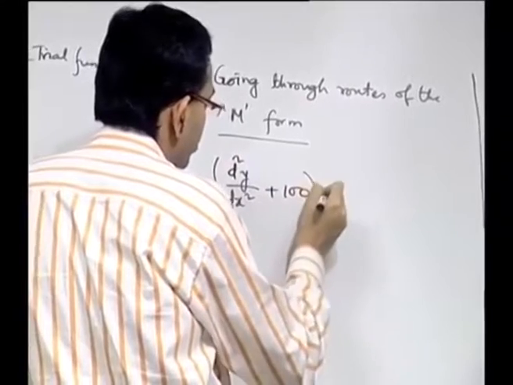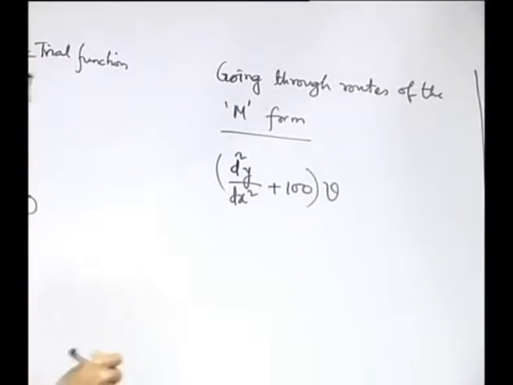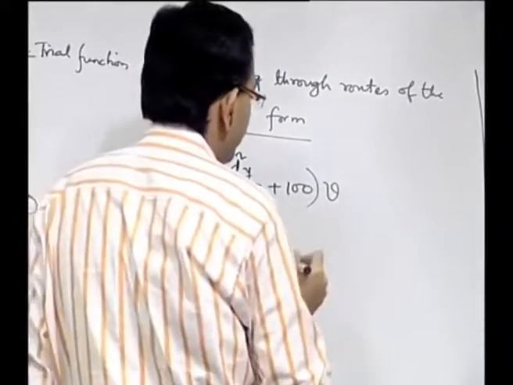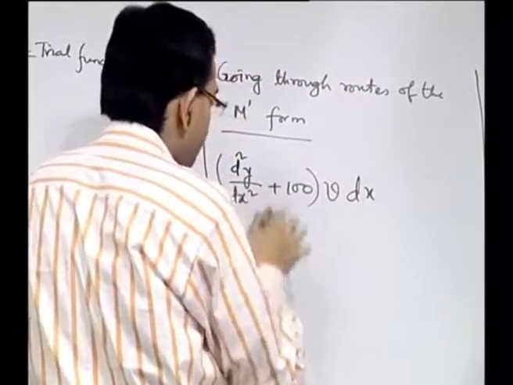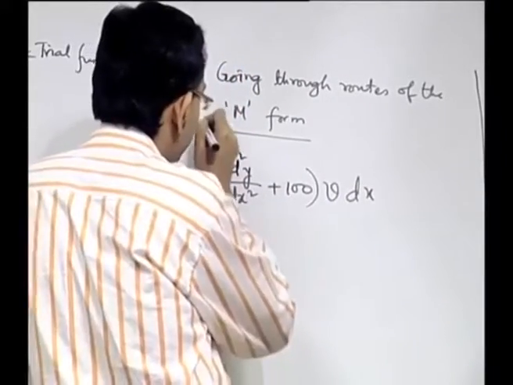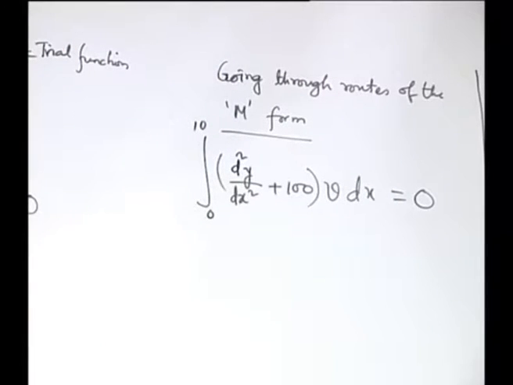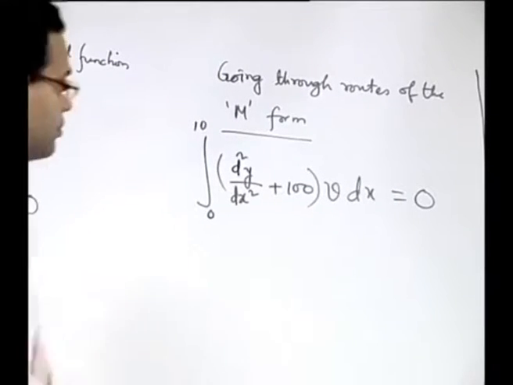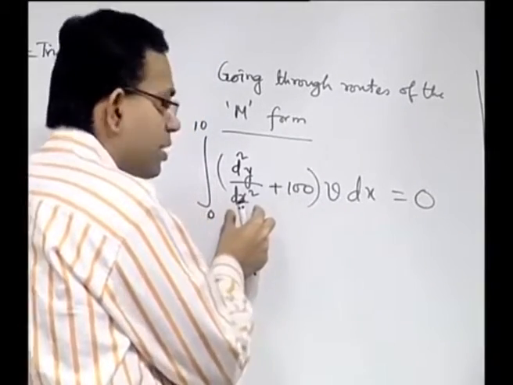To derive the M form we first derive the V form. So, we integrate it with respect to x by multiplying it with V and set it to 0. Then we integrate it by parts.